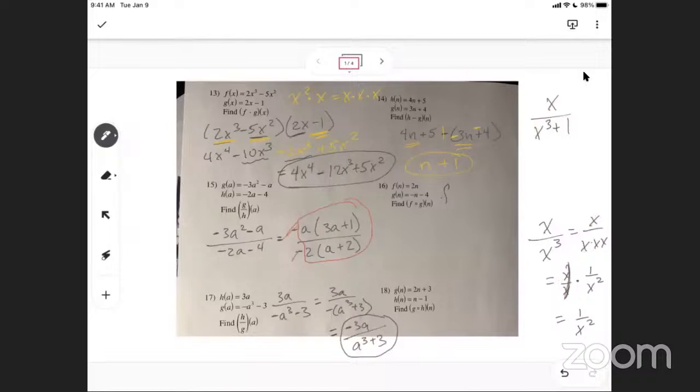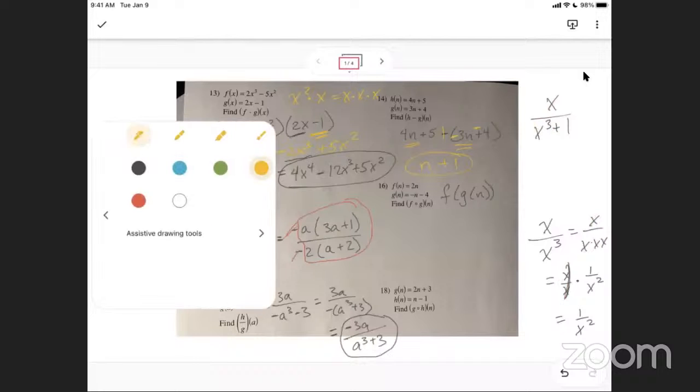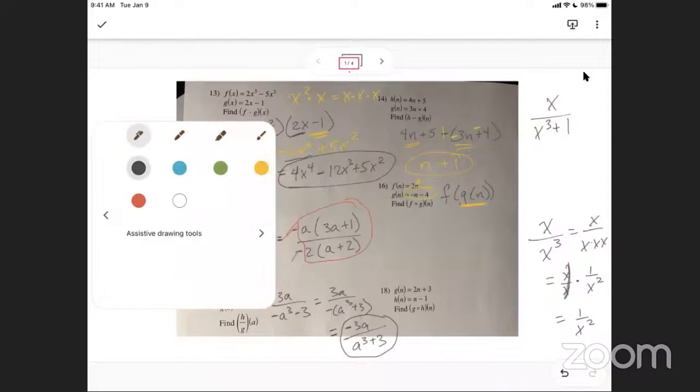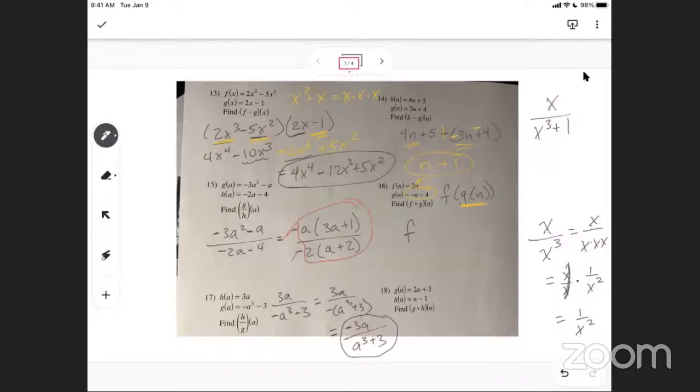Okay. F of g of n means I'm plugging g of n into f. I'm literally plugging in whatever g of n is, which is this. I'm plugging that in for the n for f. So I'm going to start by writing f of n.